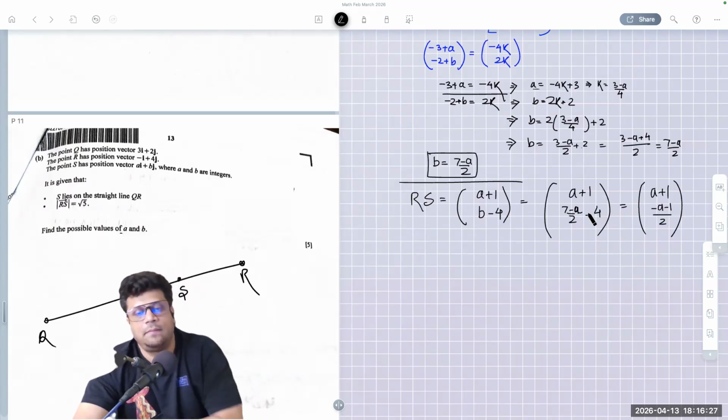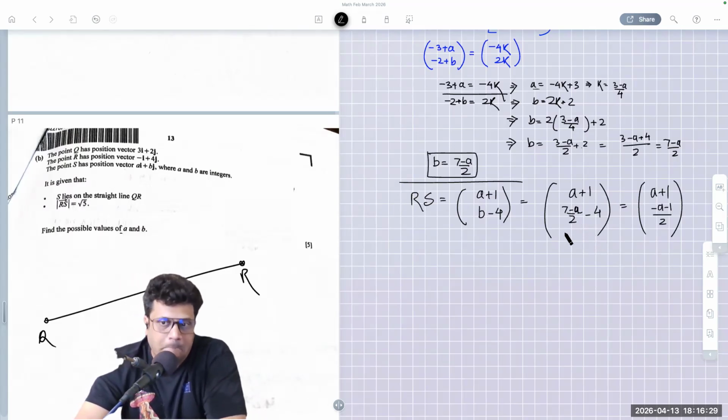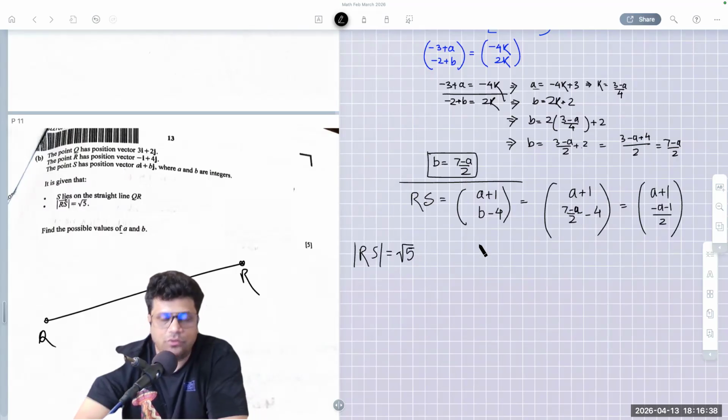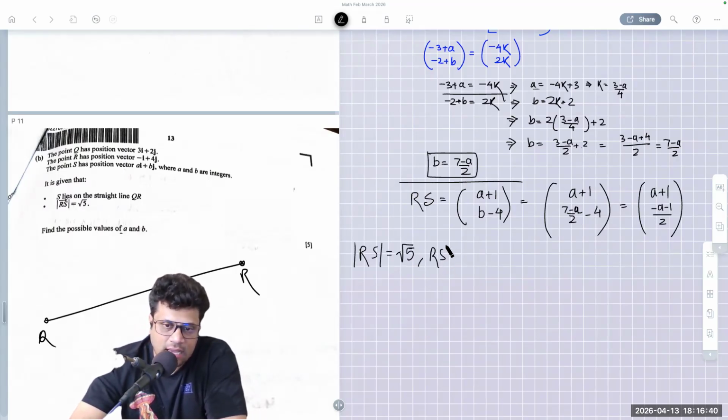That's RS. But I know that the magnitude of RS is root 5. So RS squared is 5. The magnitude squared is 5.